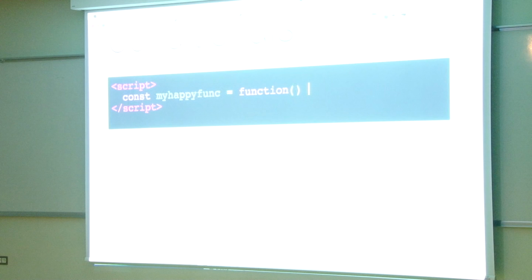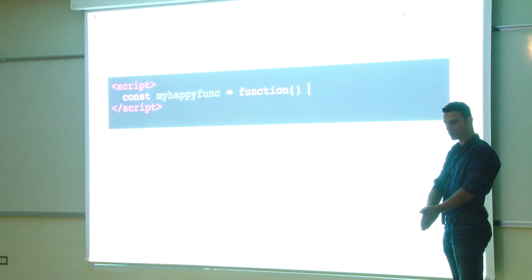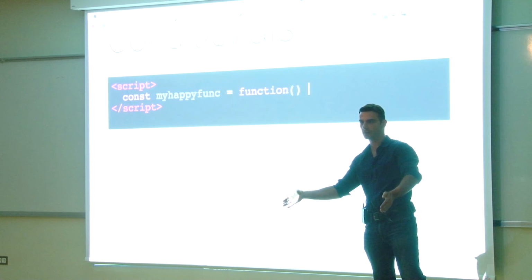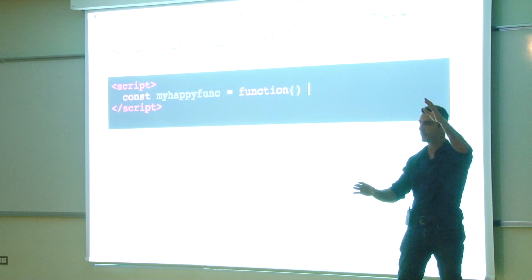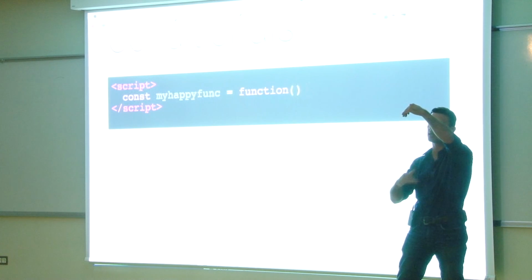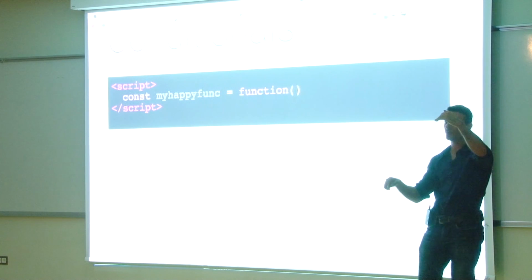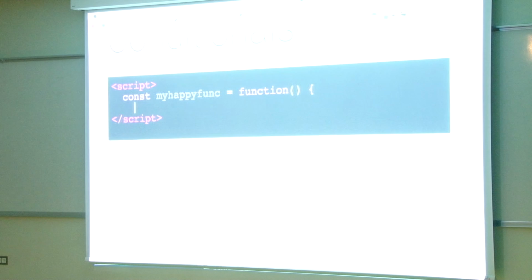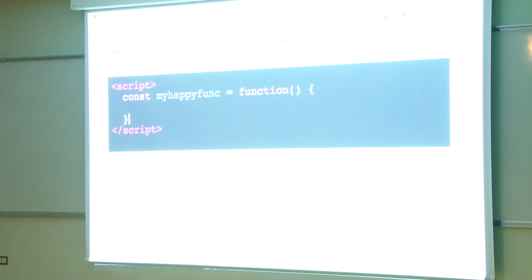Then I need a starting point, the place to start putting my code inside the function, and somewhere where I can say, here's where the function ends. How do I specify in this programming language a start and end? It's called a curly brace, for those of you who care. This is an open curly brace, and this is a closed curly brace.